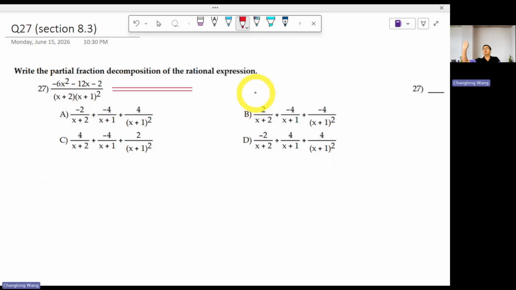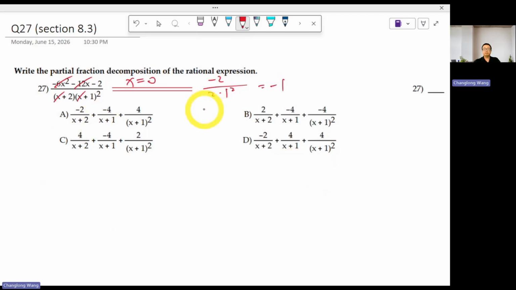Make it 0, right? It's the easiest number you can ever find, and it shouldn't really cause any problem, but you will know if it causes a problem once you plug it in. If you take x to be 0, you have nothing on the top except for -2. On the bottom, the x are gone. You have 2 times 1 squared, so it'll be -1.